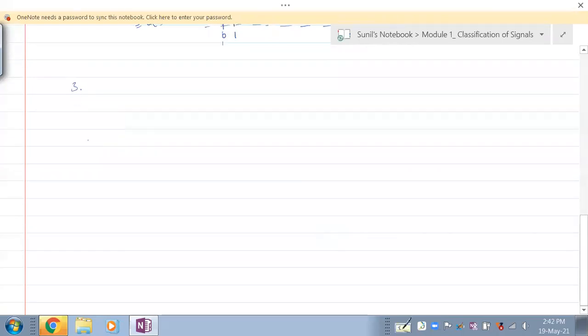The third signal I'm taking for plotting is this: x of t equal to minus u of t plus 3 plus 2u of t plus 1 minus 2u of t minus 1 plus u of t minus 3. Okay, so this is the signal that you need to be going with.